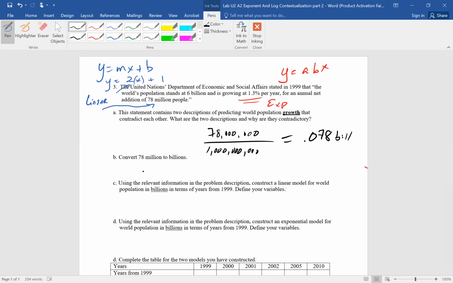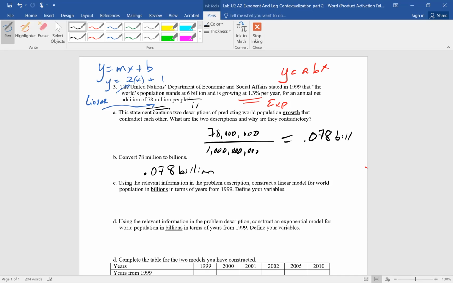If you're converting to billions, you could put that for your answer. And that's really important because the problem's also messed up in the fact that they're starting with an initial value of 6 billion, but then you're adding millions. So you always have to have the same units, especially if you're going to do a linear function.